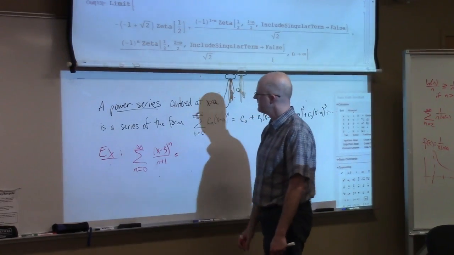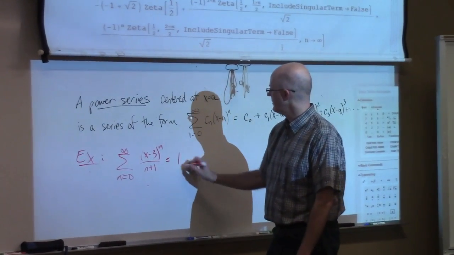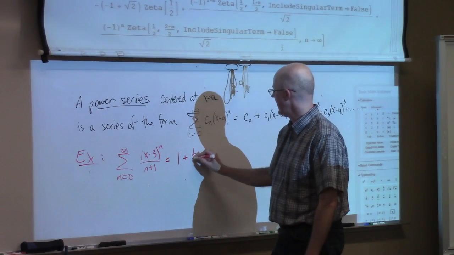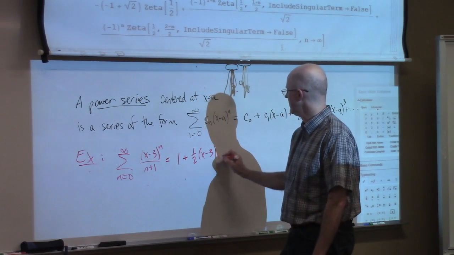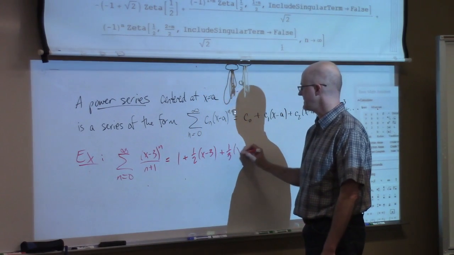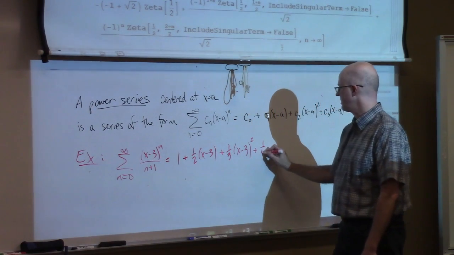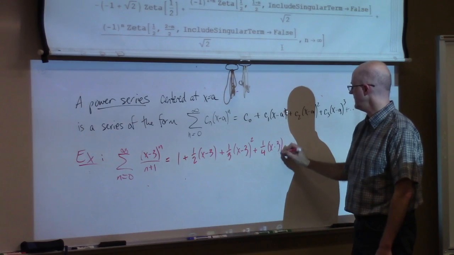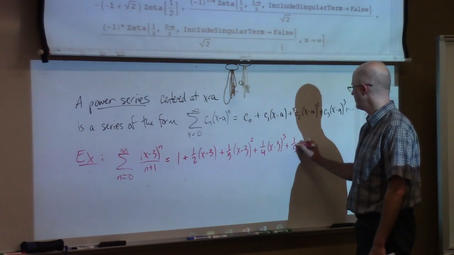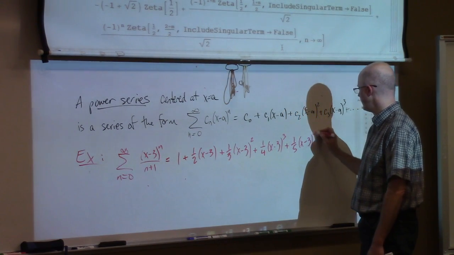If you wrote it out, it would be 1 plus 1/2 times x minus 3 plus 1/3 times x minus 3 squared plus 1/4 times x minus 3 cubed plus 1/5 times x minus 3 to the 4th, etc.